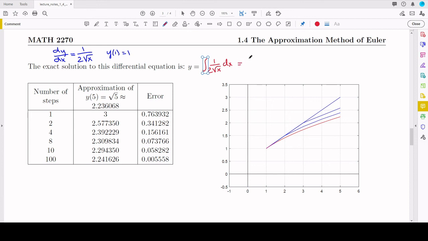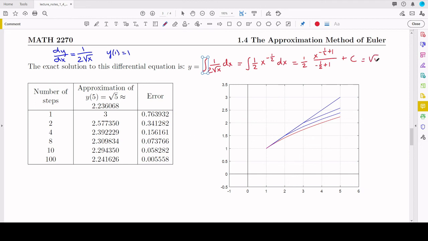So I can write this as the integral of 1/2 times x to the power negative 1/2 dx, because square root of x is x to the power 1/2, and because it shows up in the denominator, it gets a negative exponent here. And so we can use the power rule to calculate this. So this is 1/2 x to the power negative 1/2, add 1 to the exponent, and then divide by that new exponent, and then there's a constant of integration.